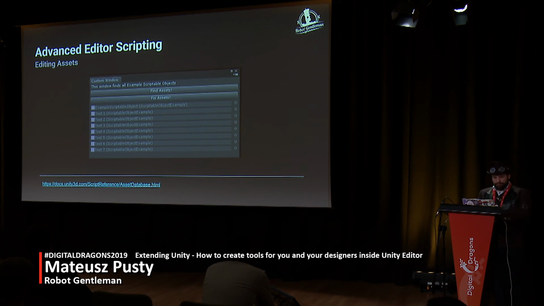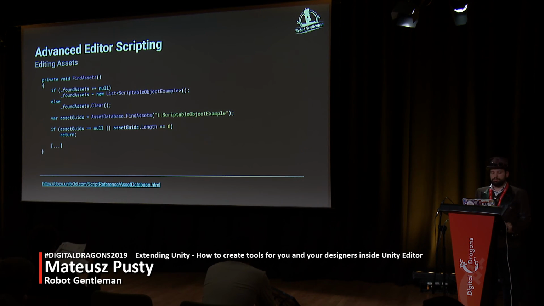Another thing you can do is editing assets. Editing assets, like in our window example, is a very powerful thing to do from your Unity editor because you can correct some mistakes in a matter of seconds instead of going tediously through all assets that your designers have created.